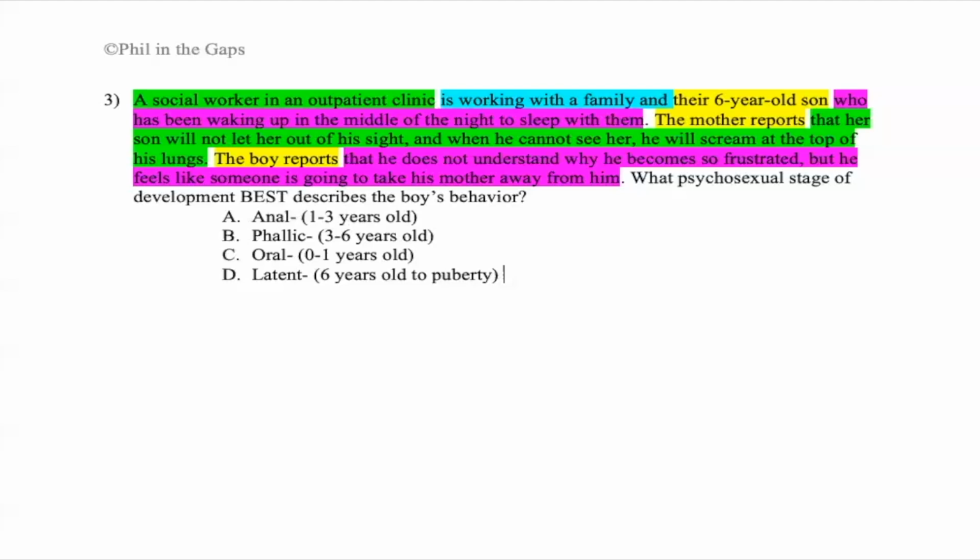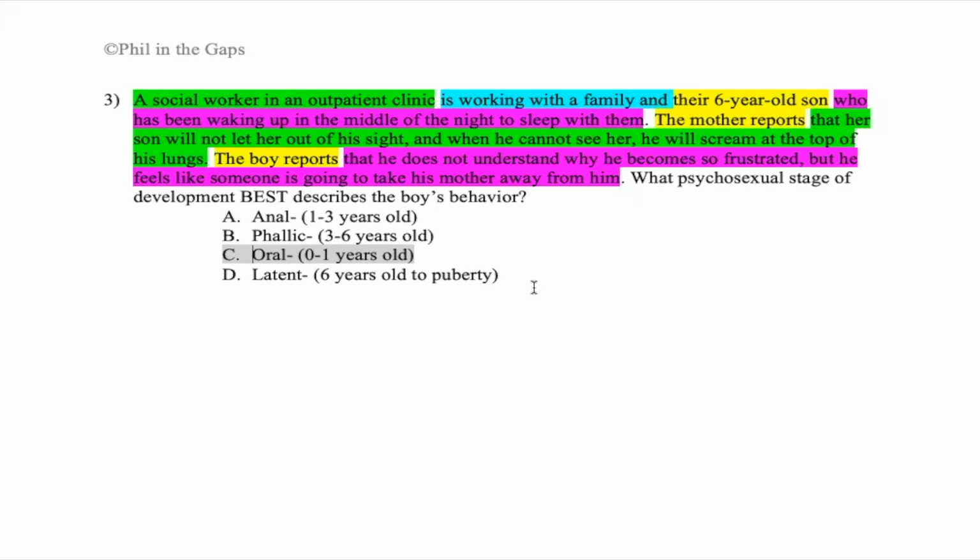So right off the bat, we're going to rule out C. Why? Because nowhere in the question does it state that this individual is deriving pleasure from their mouth in order to survive and strive in some way, shape, or form, or that they had a maladaptive relationship with their parent and/or caregiver and are now kind of avoidant of that parent and/or caregiver.